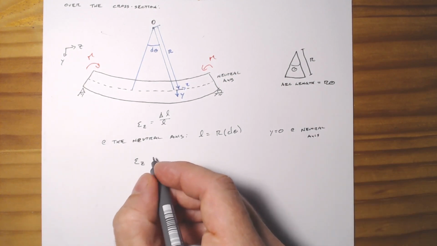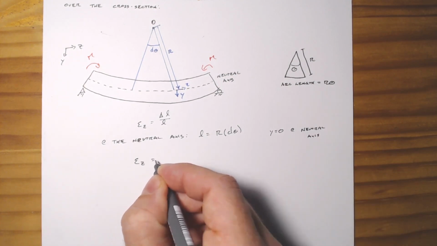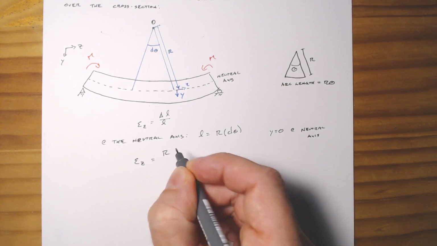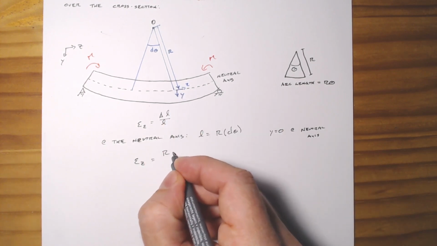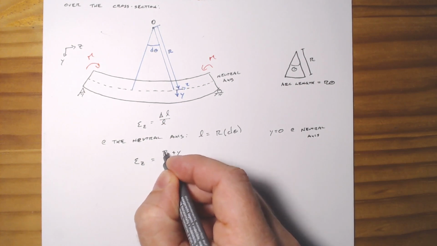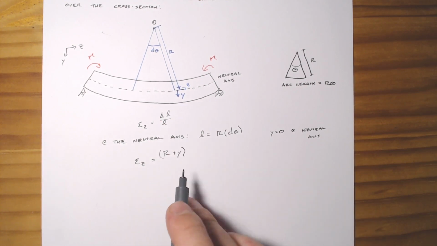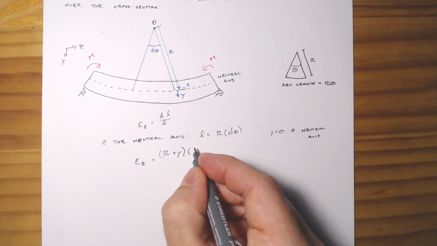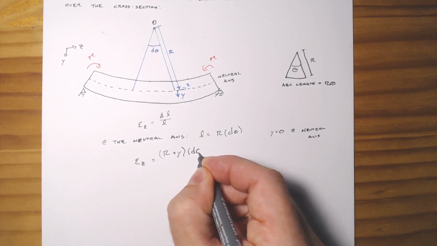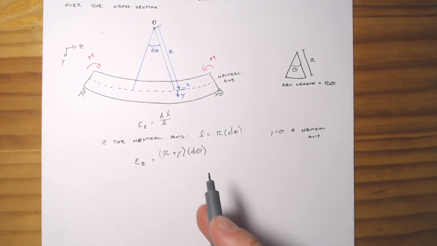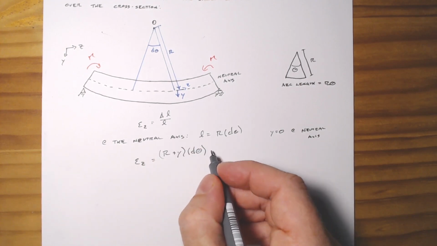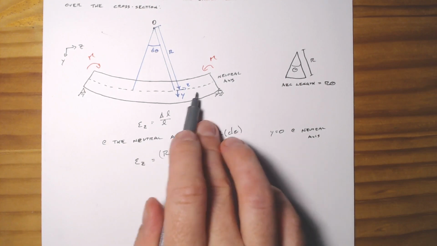And so really it's just going to be r plus y, so as we move away from the neutral axis, we want to know what that arc length is, d theta. And then because we want to know what our change of length is, we want to know what it is relative to our original length.